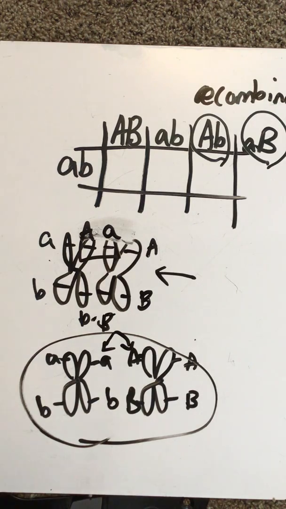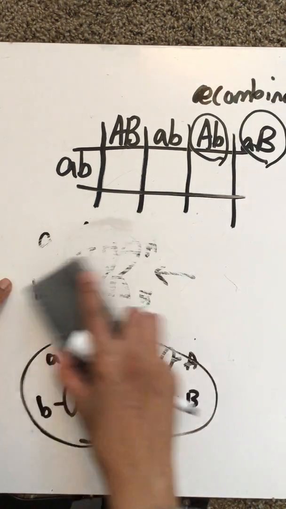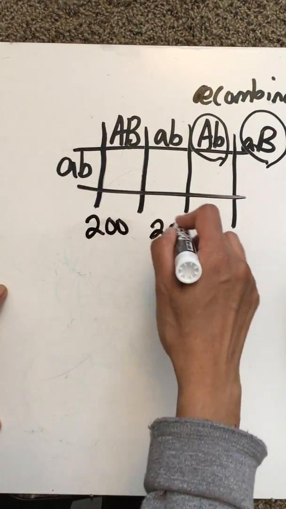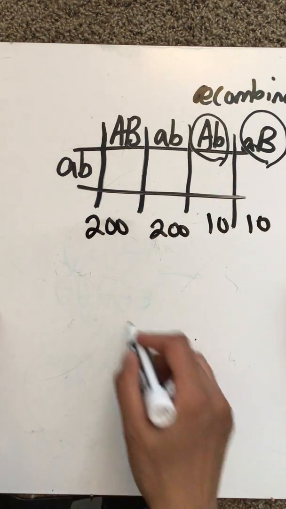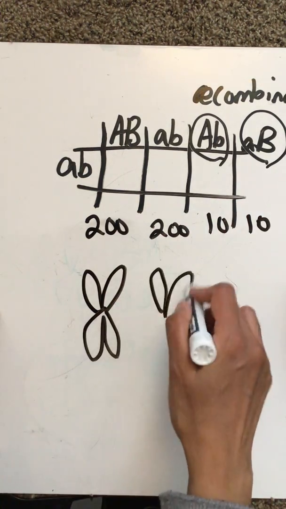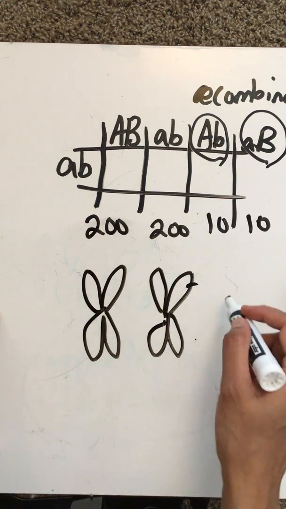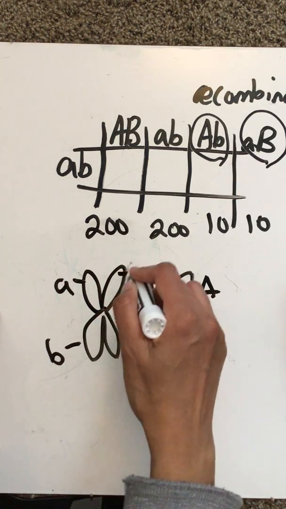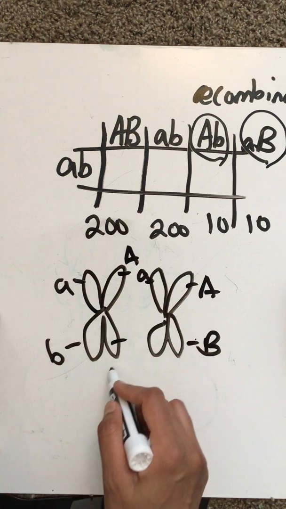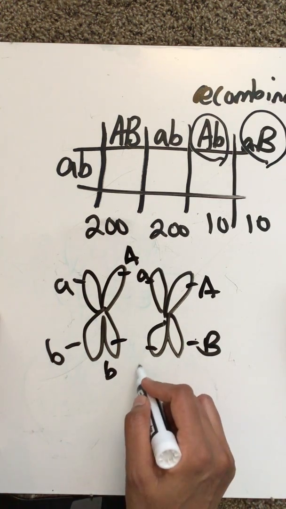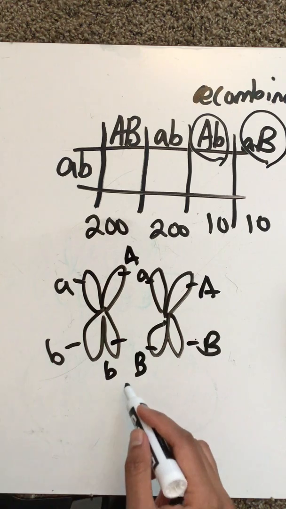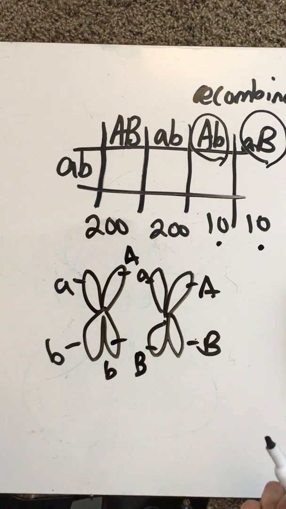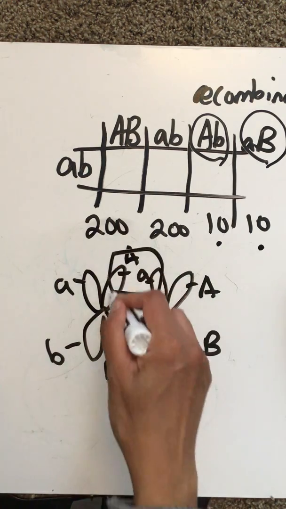Now, what we're going to do today is I'm going to show you. Remember how I said we see like 200 of these and 200 of these and fewer of these? The reason we see fewer of these is because of recombination, because crossing over occurred.